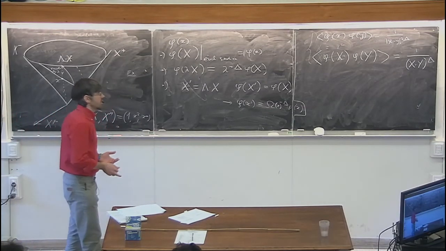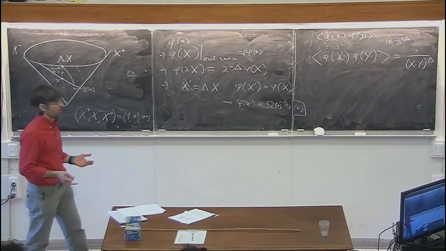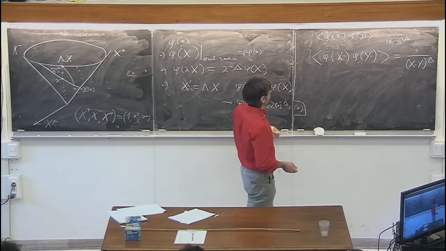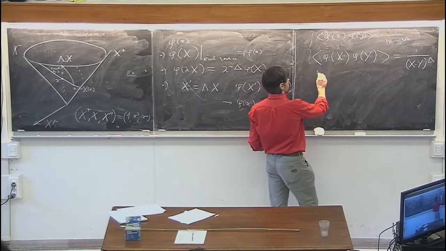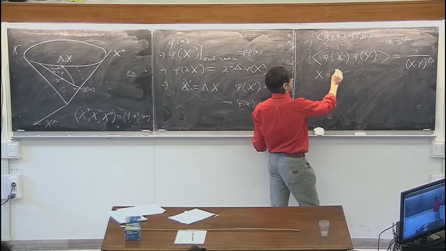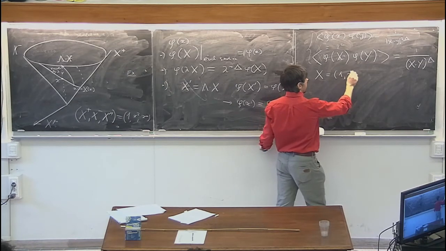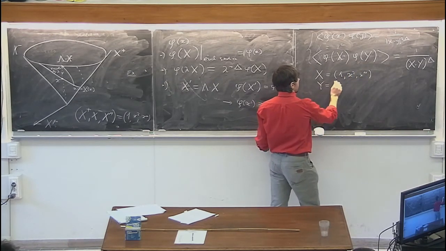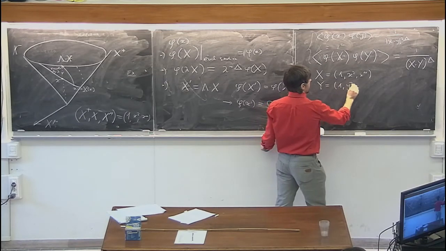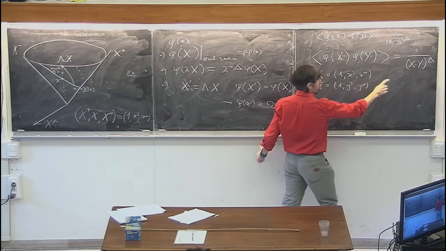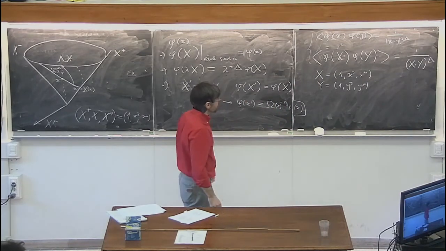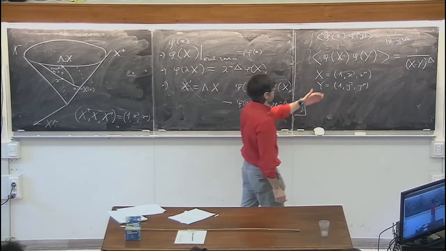Okay, good, but we are not really interested in the two-point function on the cone. We would like to go back to the Euclidean space. Well, what should we do? We should now substitute x equals 1, x squared, x mu, and y equals 1, y squared, y mu into this formula. We should go back to the Euclidean section. Right, so let's do this.